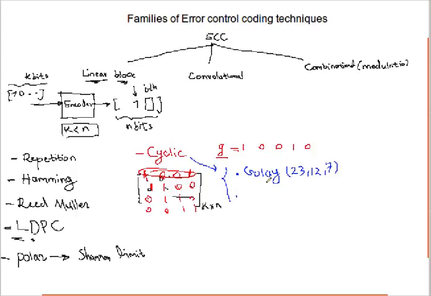The other very important codes are called CRC, or cyclic redundancy codes. As you can see by its name, the idea of CRCs is just to detect the errors that exist. It means that you just add some redundancies in a cyclic manner.